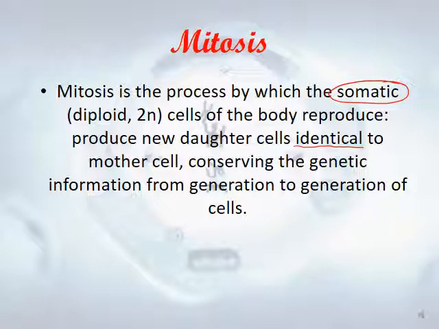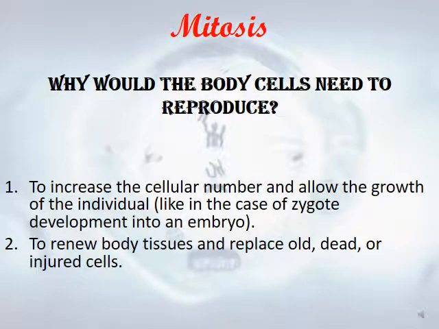So mitosis is the process by which somatic cells, diploid cells, undergo division to produce new daughter cells. These daughter cells are identical to the mother cell, having the same genetic information.